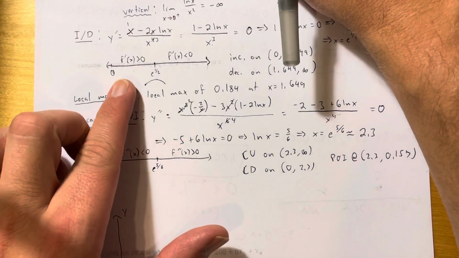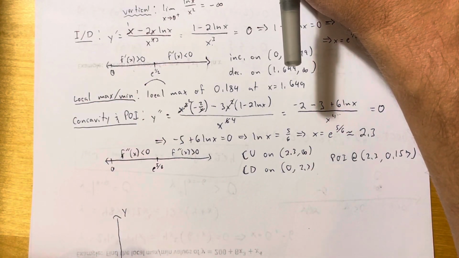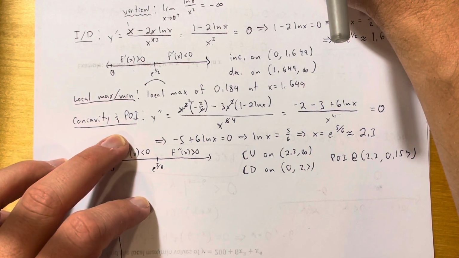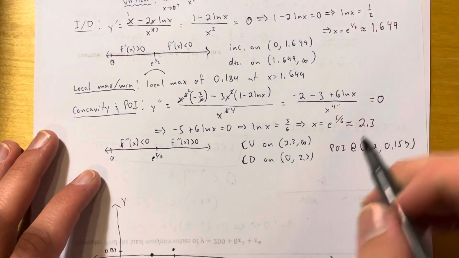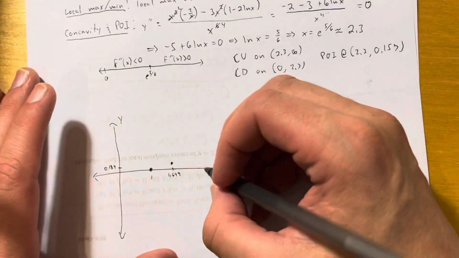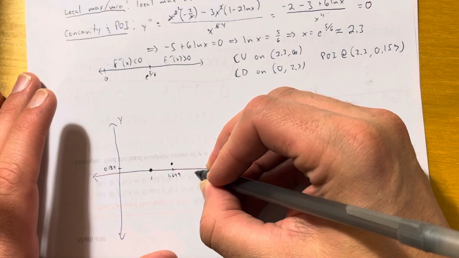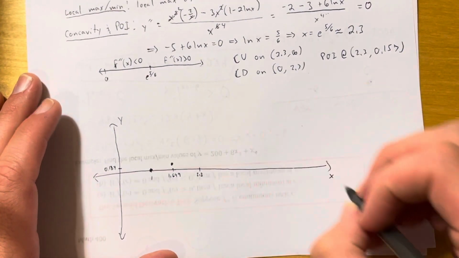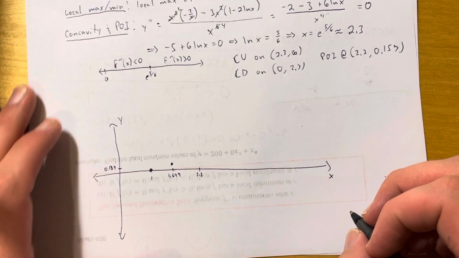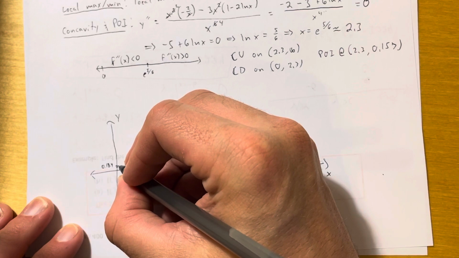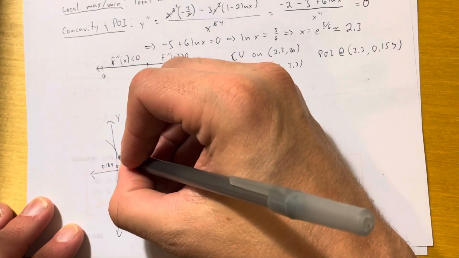We are increasing up until that point and decreasing away from that point. Concavity and points of inflection. We have a point of inflection at 2.3, 0.157. So let's notate that one as well. 2.3, let's maybe put that out here. 2.3, 0.157 is going to be so close to that guy. I'm gonna go like this.